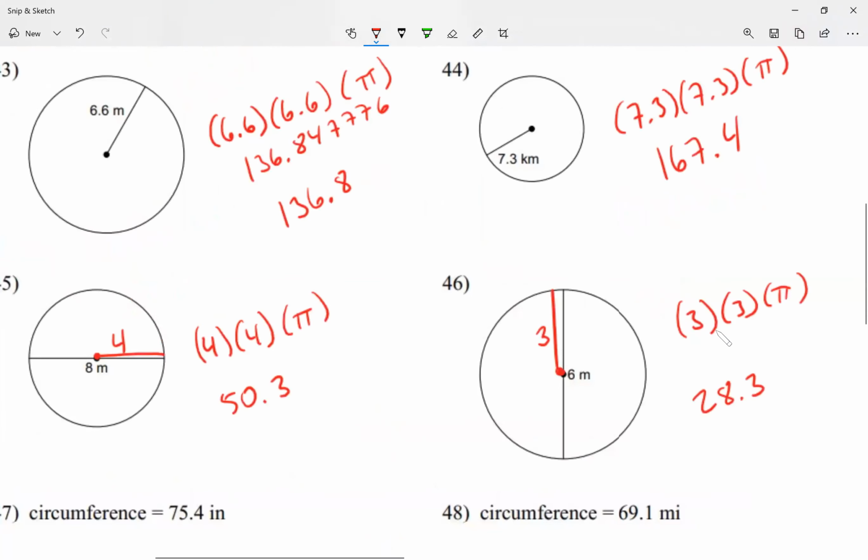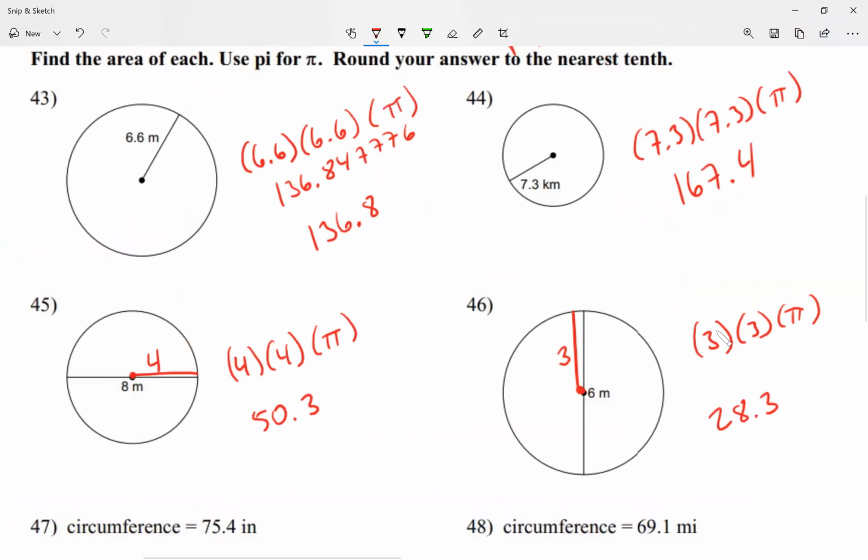Now, sometimes your work is going to say use the pi symbol. So question number 45, for example, it would have been 16 pi. Notice how 4 times 4 gave me 16. I'm leaving it as pi because if it says leave your pi symbol as a pi, then leave pi as a pi, 16 pi.